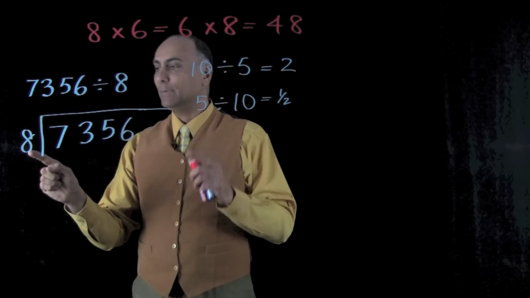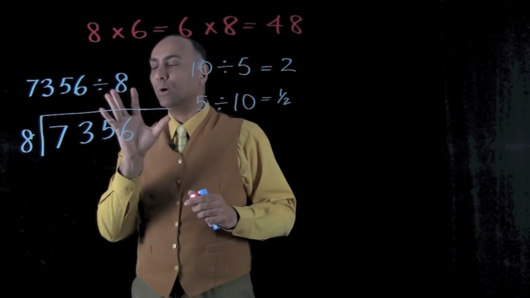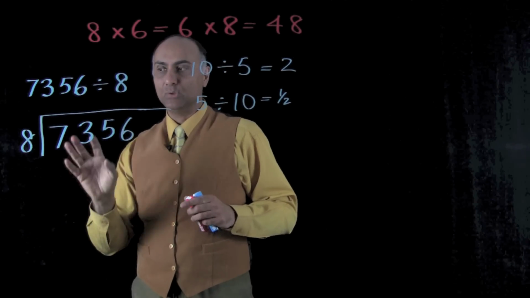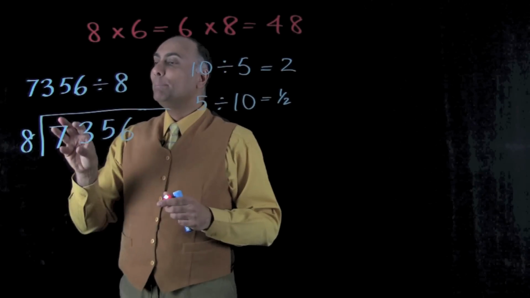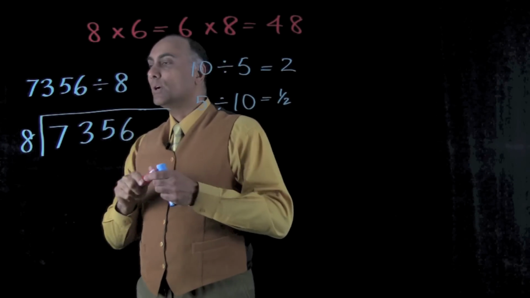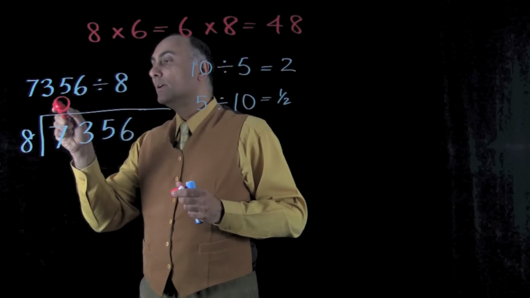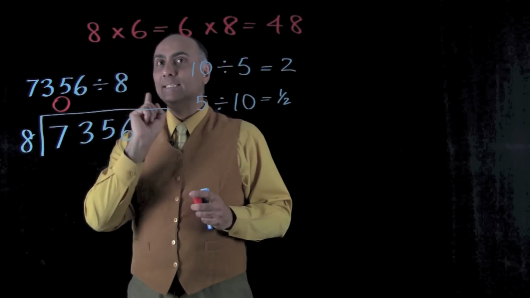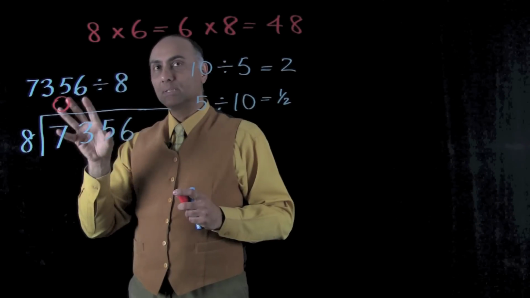One column at a time. 8 into 7 will not go, because 8 is bigger than 7. So you can't fit any 8s into a 7. That's useful because it means that the 0 must go here to show that the thousands column of the answer is empty, i.e. there are no thousands in the answer.